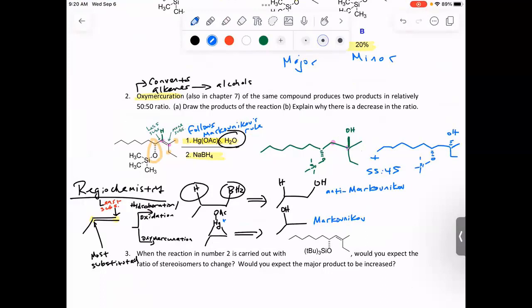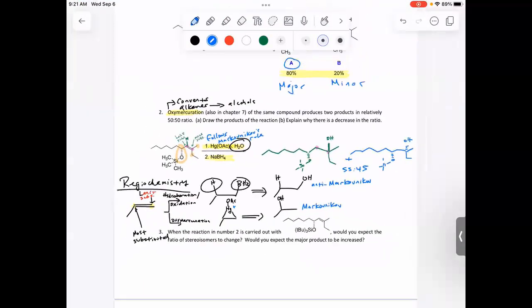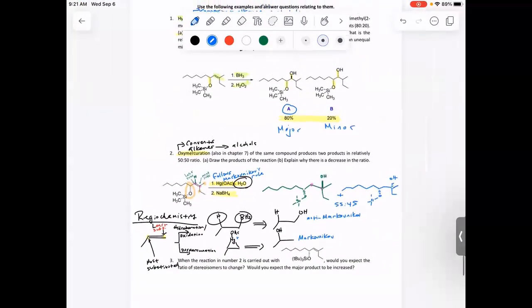Why do you think the ratio goes down, compared to the first problem? Think about that for a second. And while you're thinking about it, think about what factors affect that ratio.